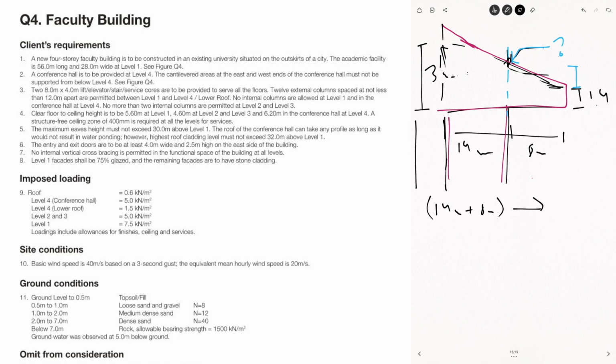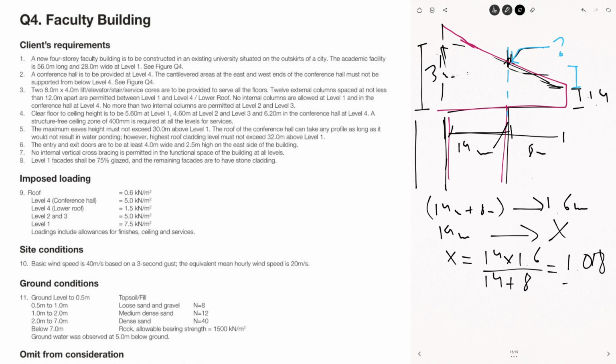Then there's a difference of 1.6 meters between 3 meters and 1.6 meters. So over 14 meters, what's the difference there? And this value is equal to 14 times 1.6 divided by 14 plus 8. It's 1.018.